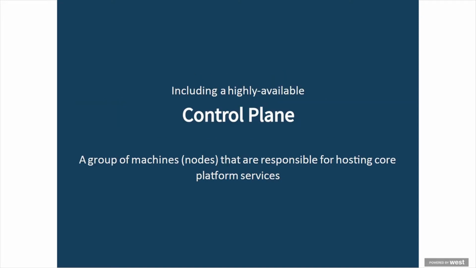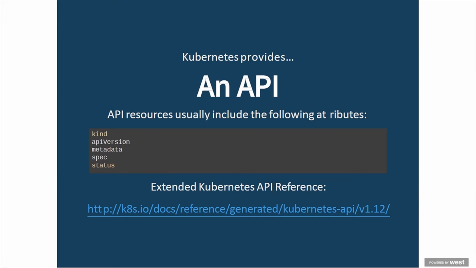One major piece of the Kubernetes infrastructure is called the control plane. It's a group of machines, or in Kubernetes terminology, nodes, that are responsible for hosting core platform services. This includes pieces like the Kubernetes API, which offers a control point for managing basic resource types.